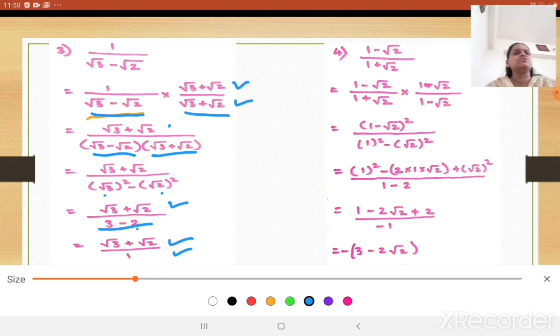Don't get confused. Always we have to take the conjugate of denominator only. So what I have done? We have multiplied numerator and denominator by 1 minus root 2, because 1 minus root 2 is a conjugate of your denominator.